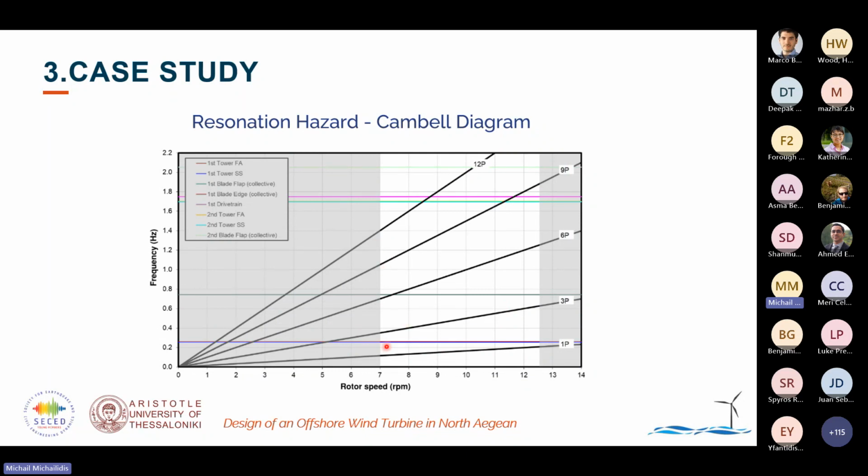So you can see that the 1P and 3P frequencies are not matched with the natural frequencies of the wind turbine across the range of the rotor speed corresponding to the rated speed and the cut-out speed, which is very important.